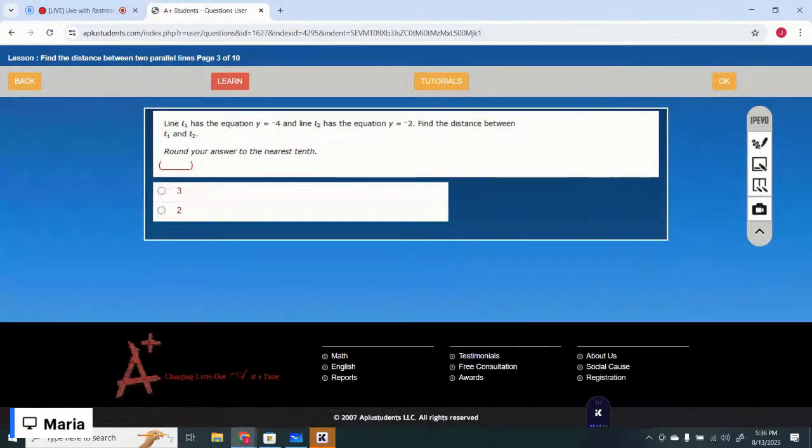Line L1 has the equation y equals -4 and line L2 has the equation y equals -2. Find the distance between L1 and L2.